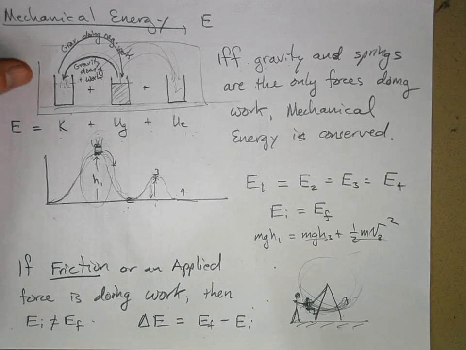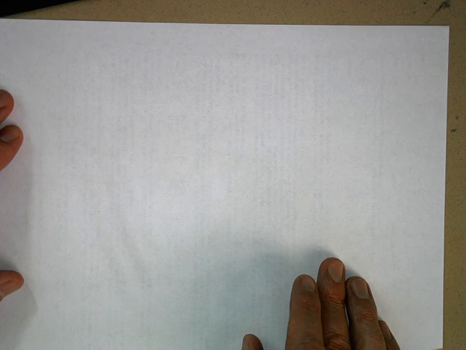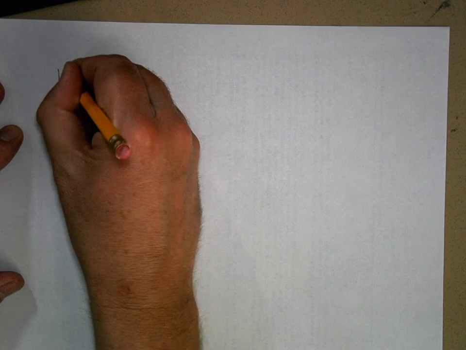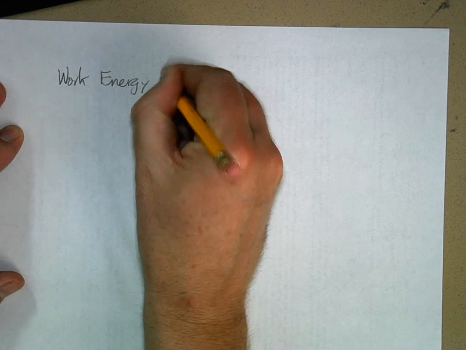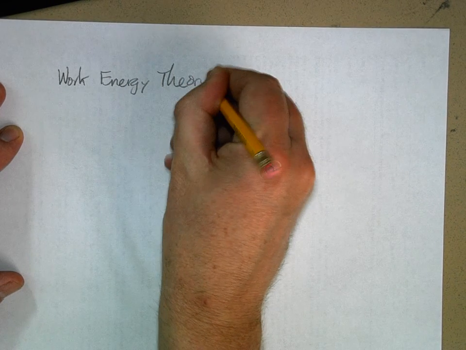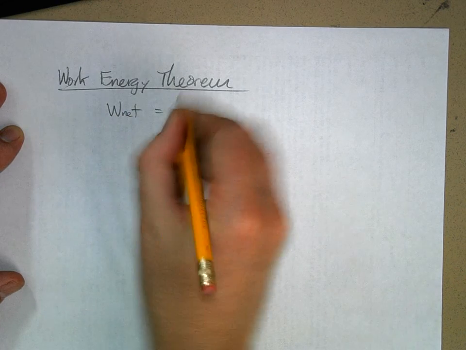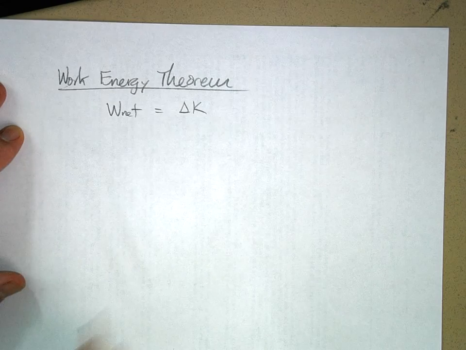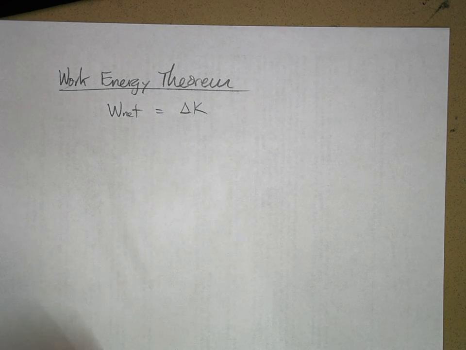You'll have problems where you have to use the work energy theorem. Again, the work done by the net force will equal the change in kinetic energy. So you'd start there. Okay, there's a net force acting on my object. I need to know what the change in kinetic energy is or what the final velocity is or whatever. Start here.